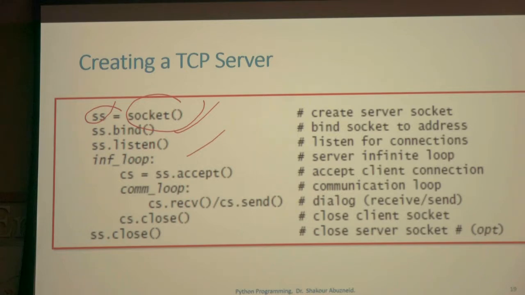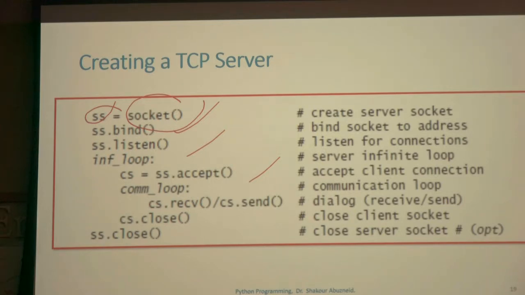Then you have 2 loops, and they are infinite loops. The first loop accepts requests from a client. Once it accepts a request from a client, it does the communication loop. Why do we have a communication loop?